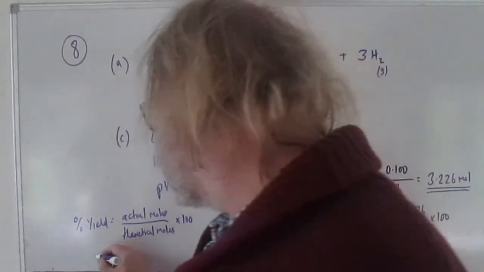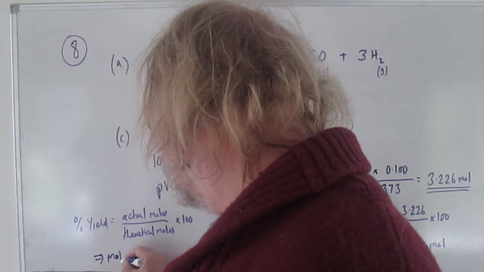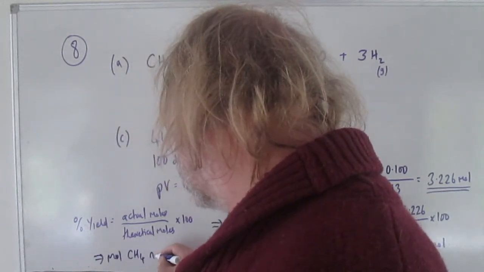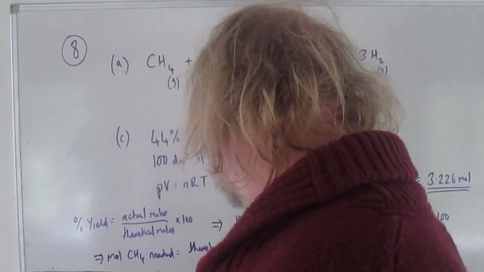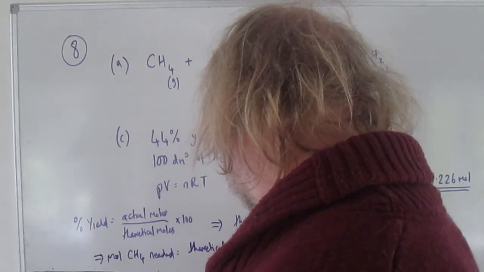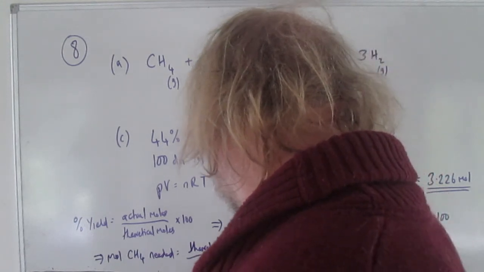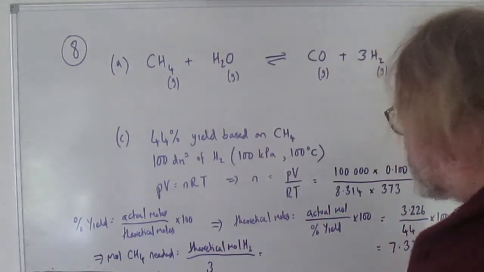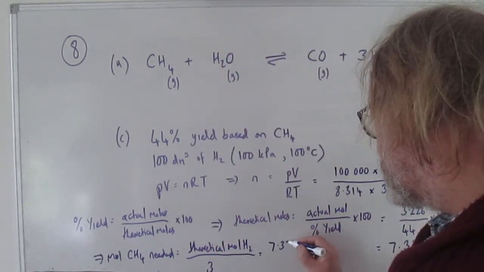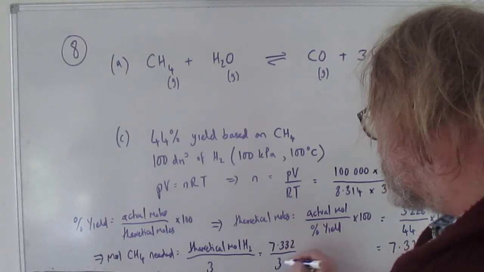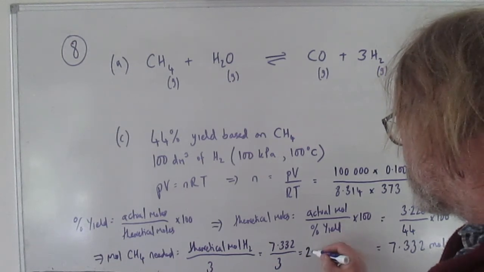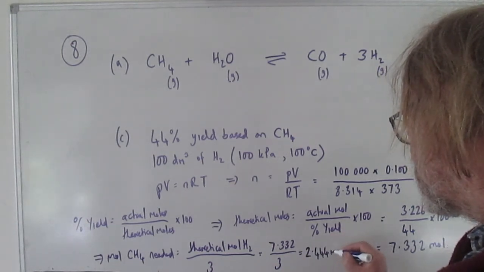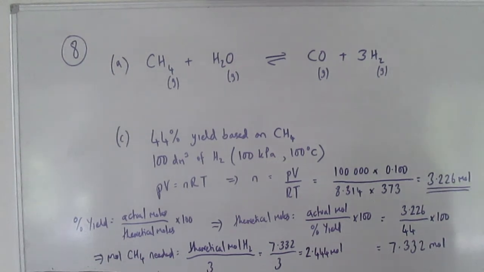Okay, so that means that the moles of methane needed is the theoretical moles of hydrogen divided by 3, which is 7.332 over 3, which works out as 2.444 moles of methane, and then we can just turn that into a mass.